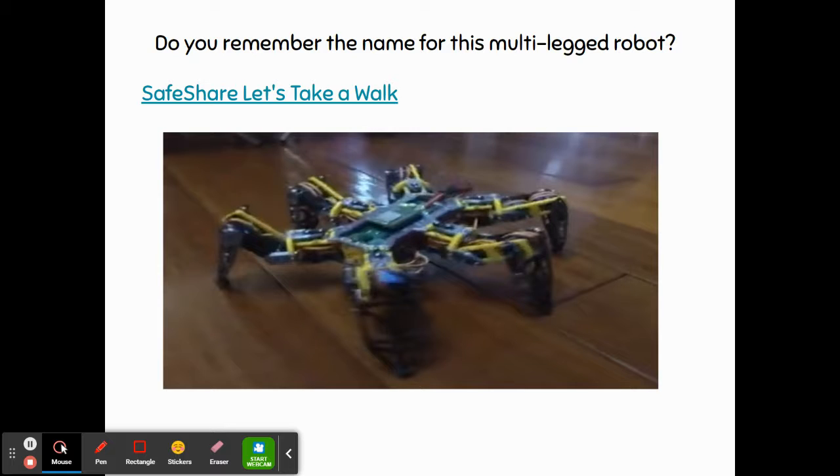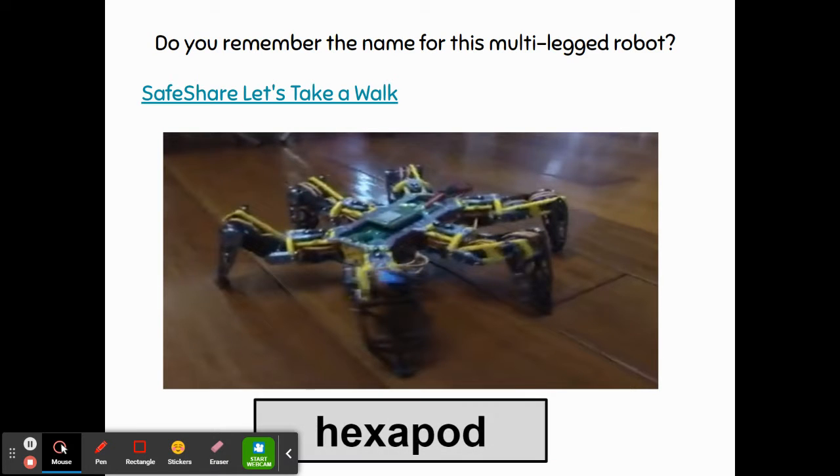If we were syllabicating this one, it would be a little bit even easier than the last one because we have a root here and we have a root here. So a hexapod is something that has 6 legs. Insects are often the only objects that we commonly see that have 6 legs. Otherwise, most things have 8, 4, or 2. So hexapod.